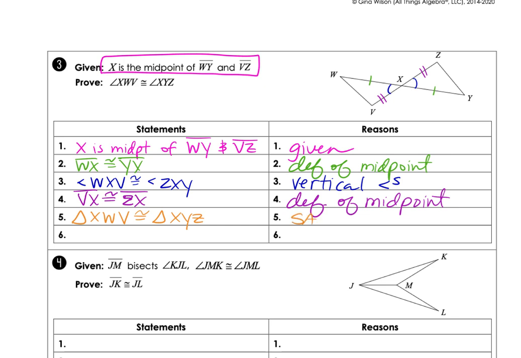Mm-hmm. I'm so proud of you right now, Simon. This is fantastic. What's your last step? XWB is congruent to XYZ because it's CPCTC. Yes. CPCTC. Good job. Killed it.